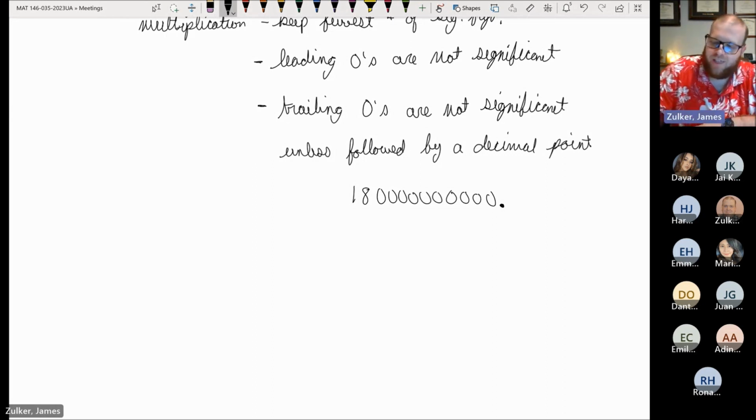Right? Because now the trailing zeros are followed by a decimal point. So that makes each one of these zeros significant. However, those zeros would not be significant.